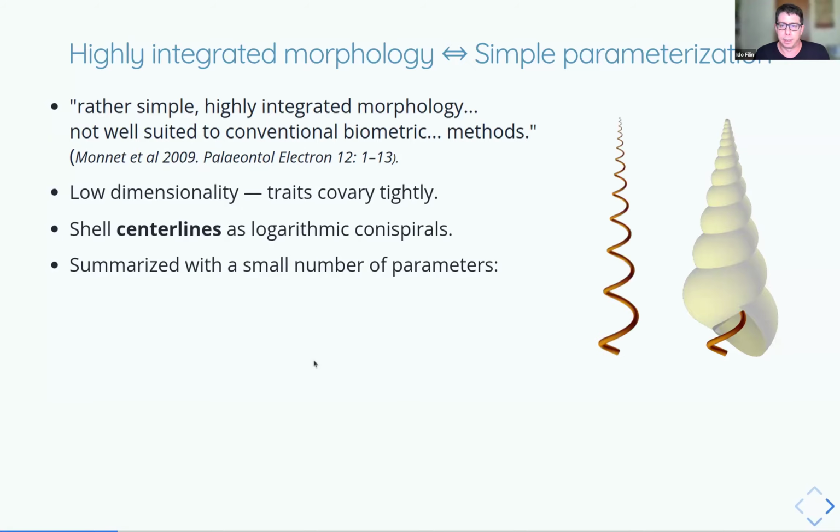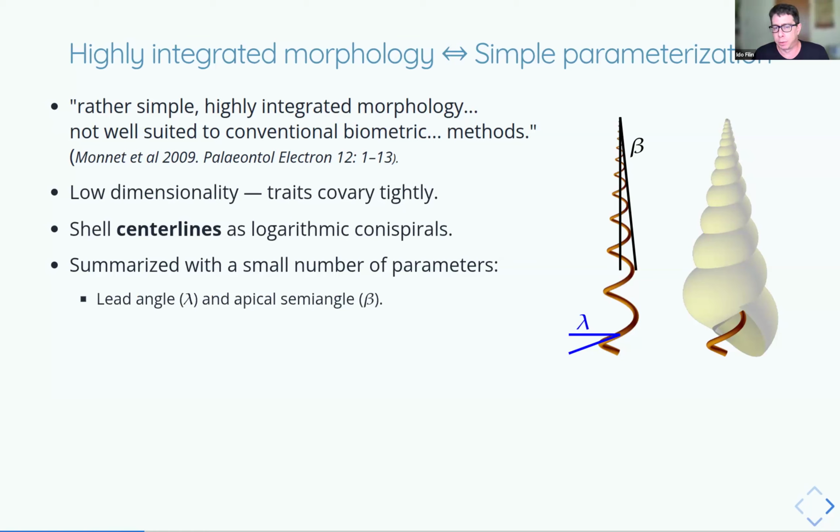We can exemplify that by considering the center line of the shell. Its shape is completely defined by two parameters, for example, apical semi-angle and the downward slope of the conic spiral that is at the center of the shell.